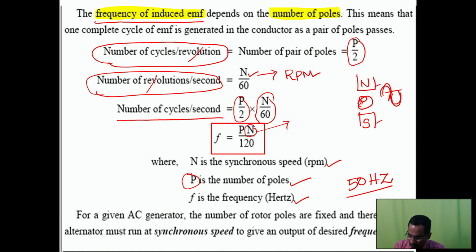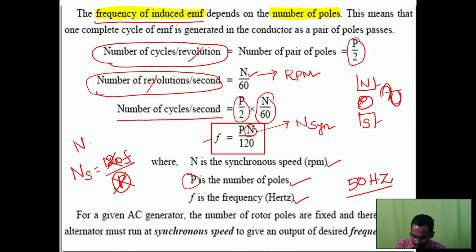Here the speed is called the synchronous speed. So I can derive the formula for the speed: Ns is equal to 120 F by P. Once the poles are fixed after the construction of the alternator, the number of poles is fixed. 120 is a numerical value, it is also constant.